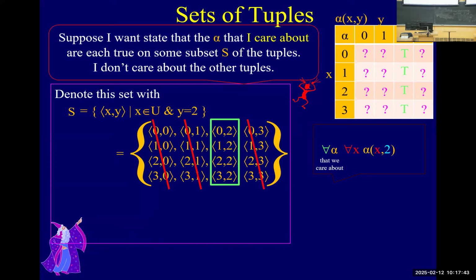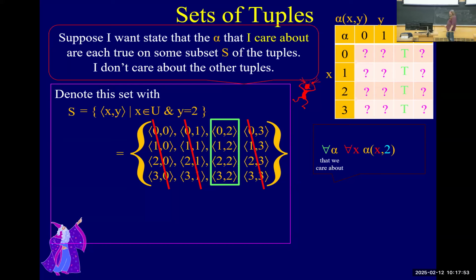I quantified over x with y fixed at 2. There are a lot of alphas, and the ones we care about are those where for all x, alpha of x, 2 is true. Everybody get that?